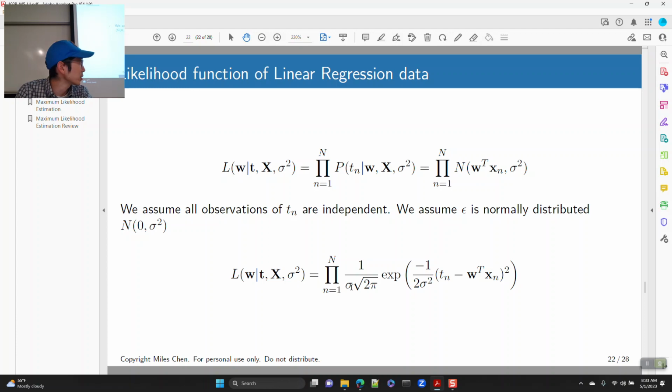I can take the sigma squared out of the square root and just have 1 over sigma root 2 pi, e to the, and then in the numerator, instead of x minus mu, I'm going to have t minus W transpose x_n quantity squared, divided by 2 sigma squared. So I'm just taking that and turning it into a fraction here. I've got all of these PDFs and we have n of these terms, and we're going to take a big product of these things. That's going to be our likelihood function.